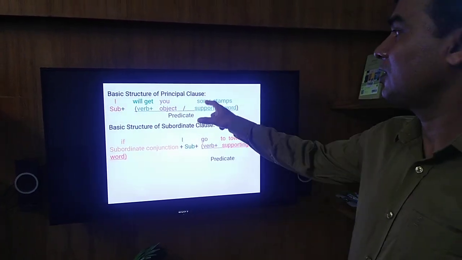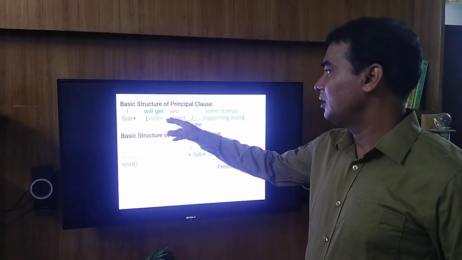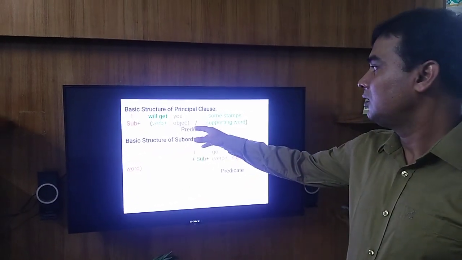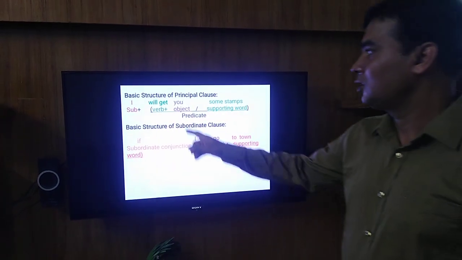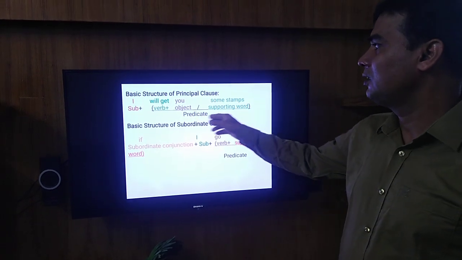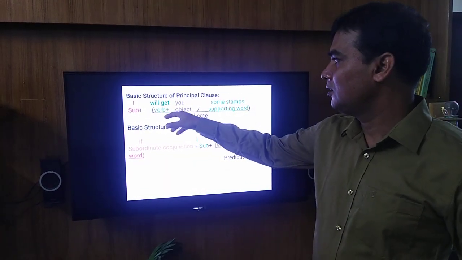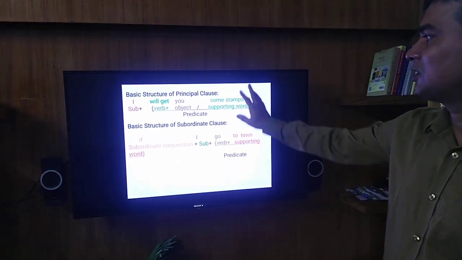Now, the basic structure of a principal clause: subject, then verb, then object or supporting words. So you see the example, I will get you some stamps. Here subject I, verb will get, object you, and supporting words some stamps.